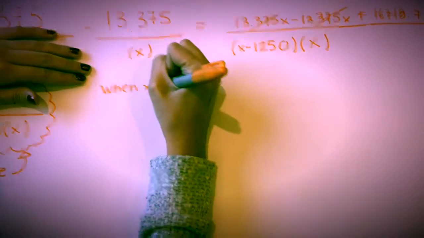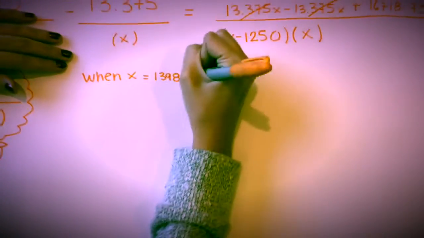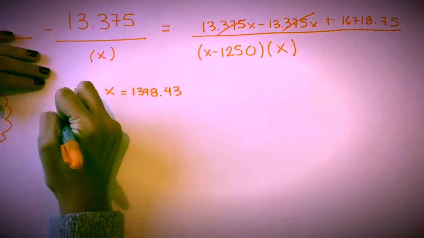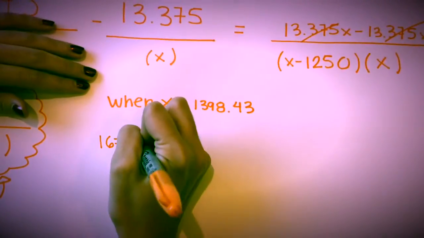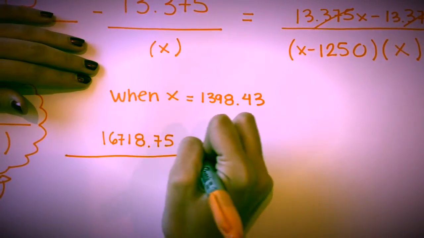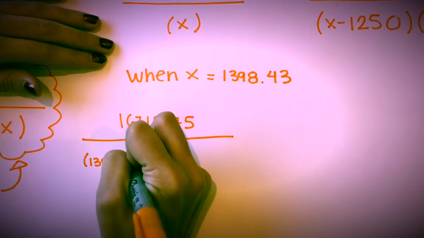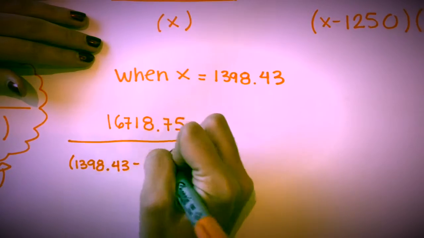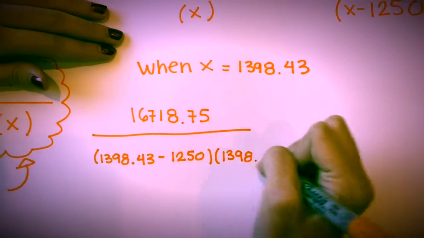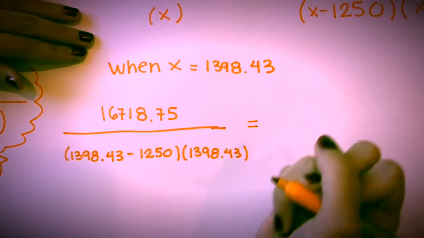When we get our derivative, the last thing we need to do is place the values of x inside our equation. So when x equals 1398.43, let's see what the answer will be. 16,718.75 over 1398.43 minus 1250 times 1398.43.